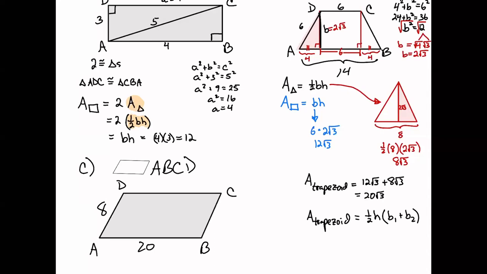Right? So if you carry it out using this formula, you'll get the same result, 1/2 times 2 radical 3 times 6 plus 14. That's going to give you 20 radical 3. All right, so you can do it that way also.